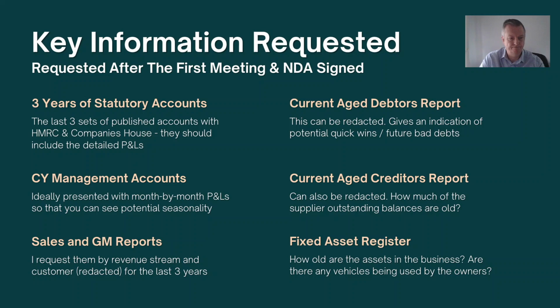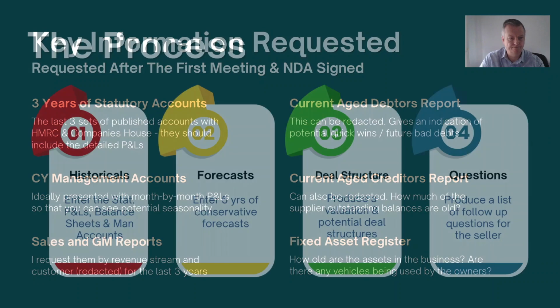It's just really, I'm looking at the profiles here. I'd like to see a fixed assets register, and we'll see why when we go into the example itself. And ideally, I want to be able to see sales profiles and gross margin reports if they're available. They're not always available, but I always ask the question.